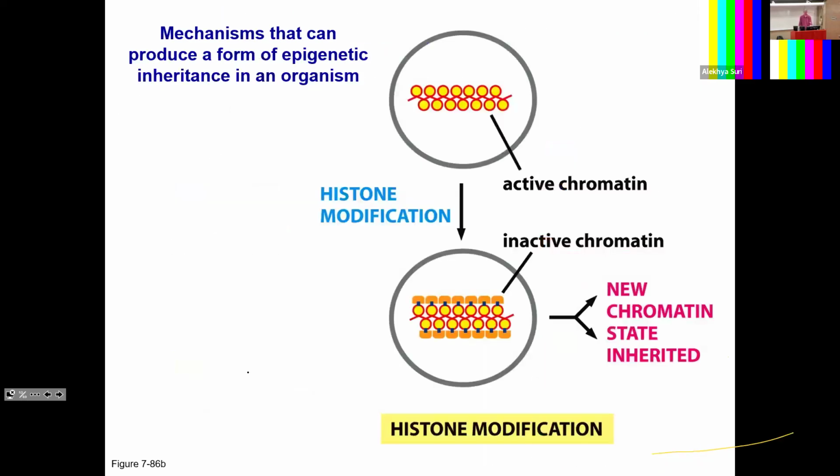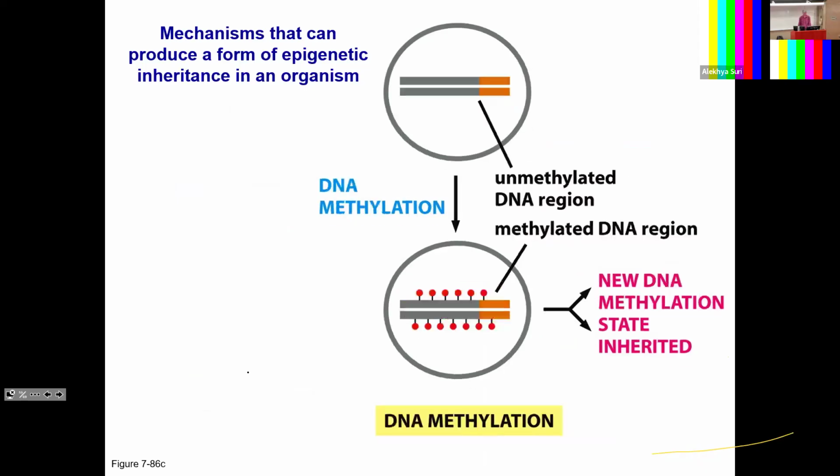Yeah, and there are certain ways, like histone modification, that could help with this inheriting of the transcription status, if it is silent or if it is on. DNA methylation would be an example.